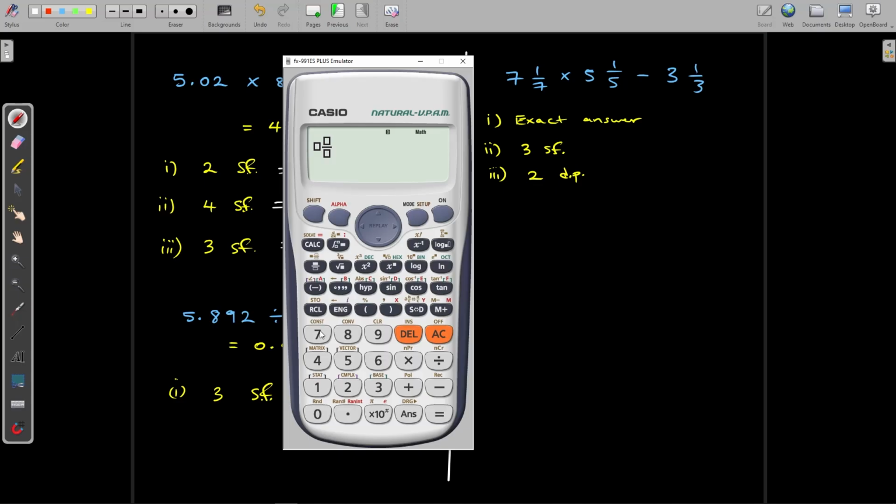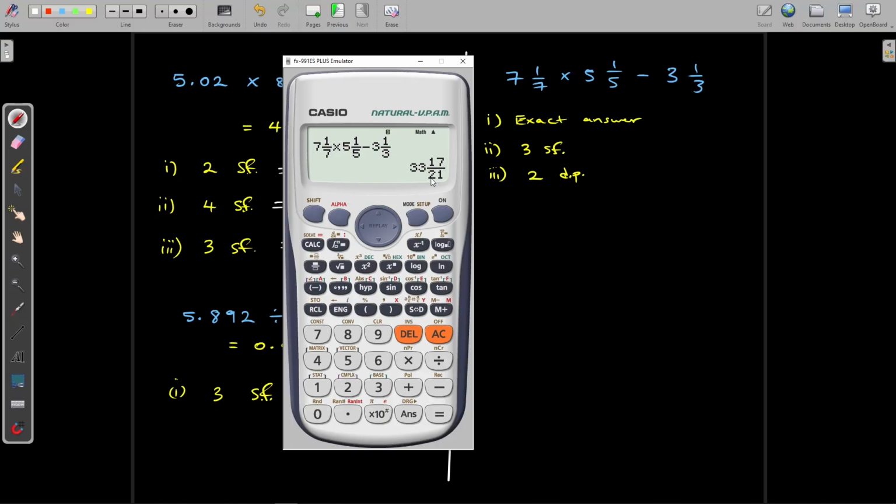So we have 7 and 1 over 7 times 5 and 1 over 5 minus 3. So the answer is 710 over 21. Let's see what that would be as a mixed fraction.